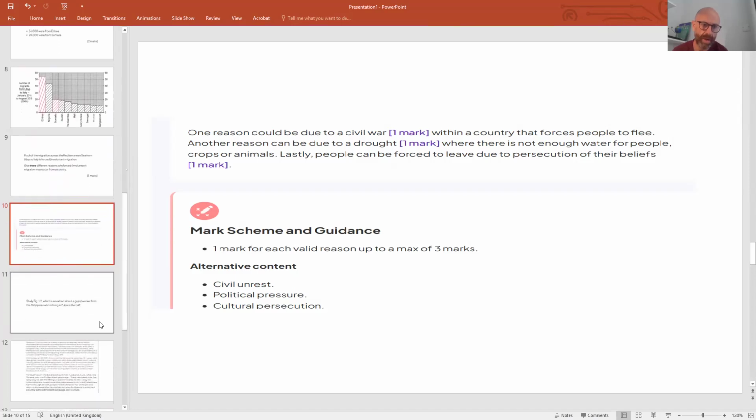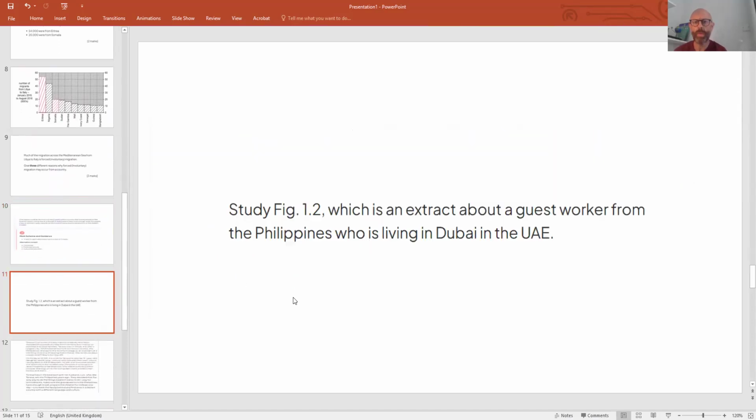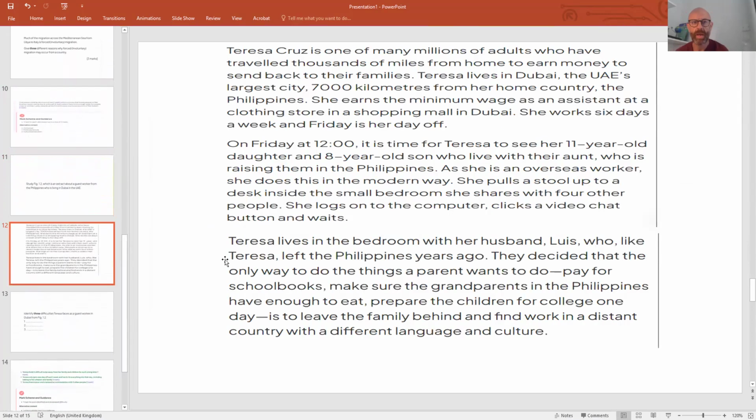Study figure 1.2, which is an extract about a guest worker from the Philippines who is living in Dubai in the UAE. This is about Teresa Cruz from the Philippines. She's one of many millions of adults who have travelled thousands of miles to work in Dubai. She has to see her children who live in the Philippines.